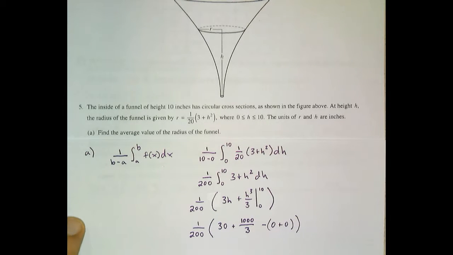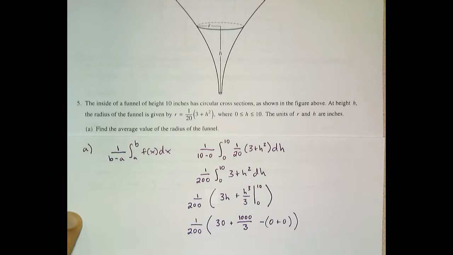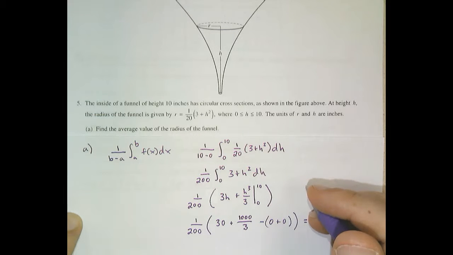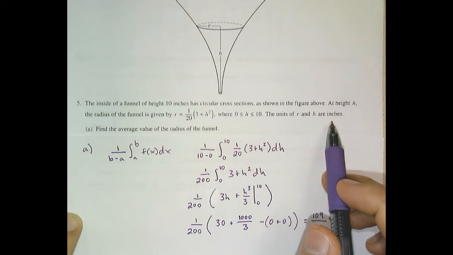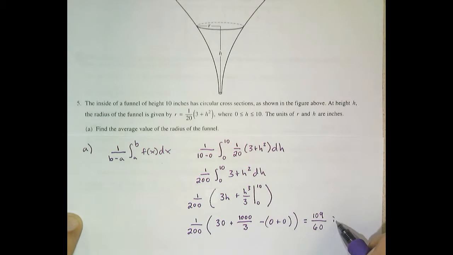That is our numeric answer. And if we were to simplify this down to a clean and concise value, we can find our common denominators, and it cleans out to 109 over 60, radius and height being measured in inches.